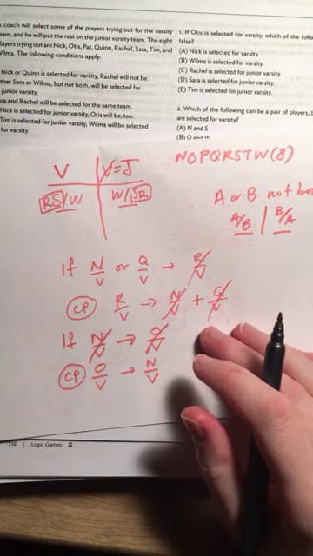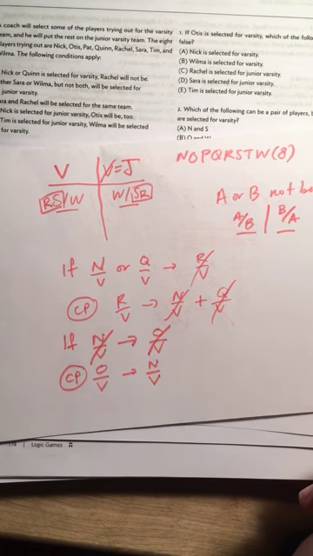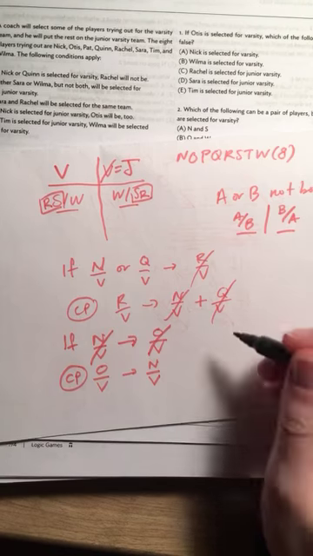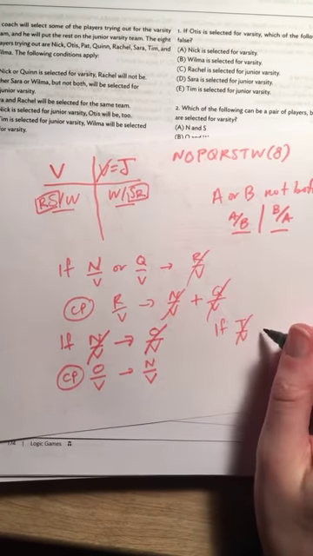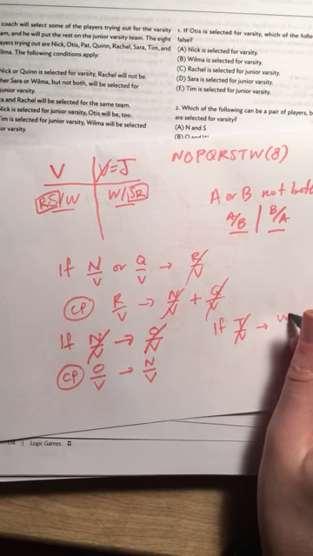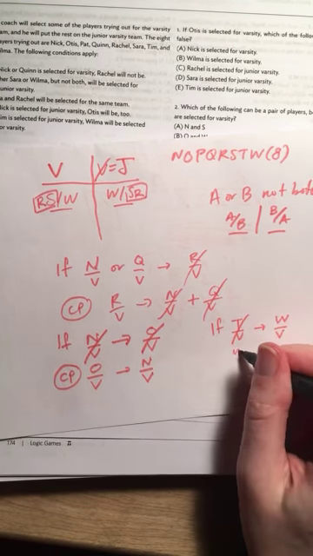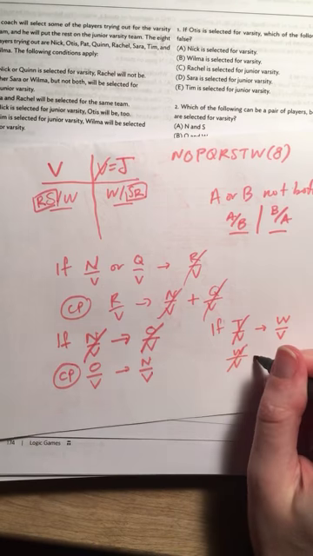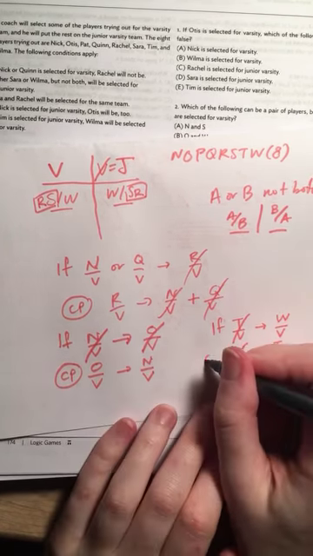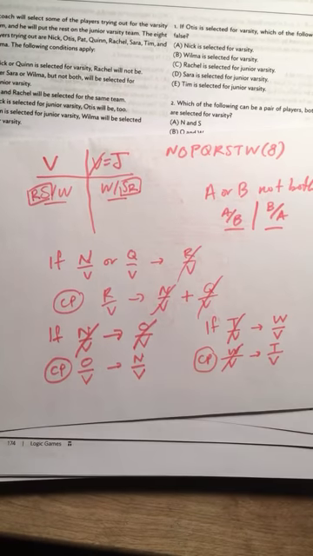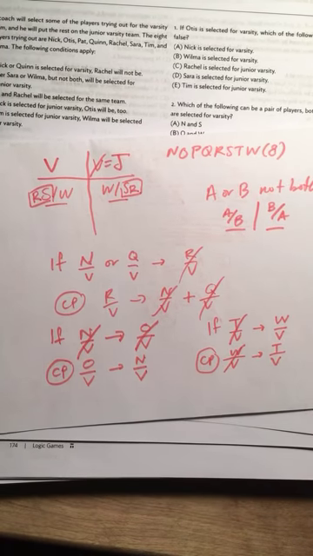And then this last rule, if Tim is on junior, then Wilma's on varsity. So if Tim isn't on varsity, then Wilma is on varsity. If Wilma's not on varsity, then Tim is on varsity. And this doesn't mean that they can never be together. They could be together if both of them are on varsity.